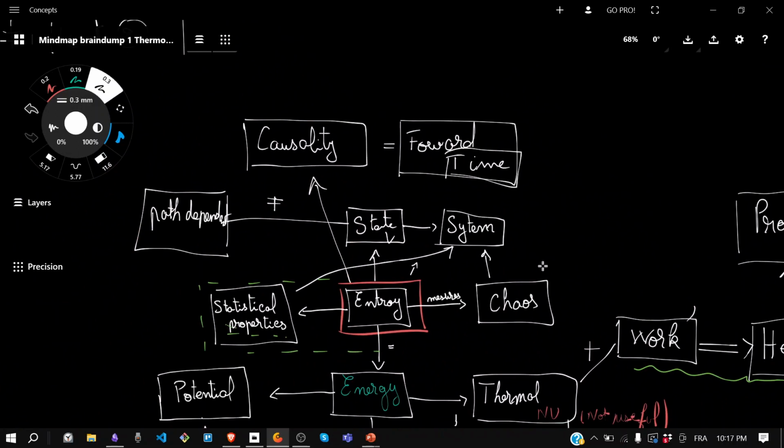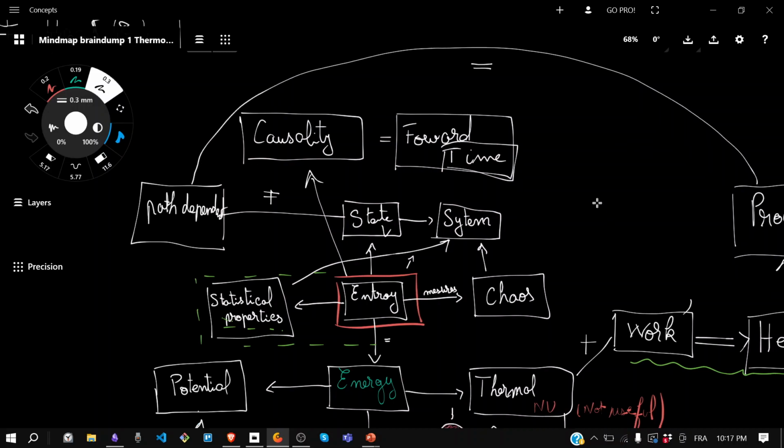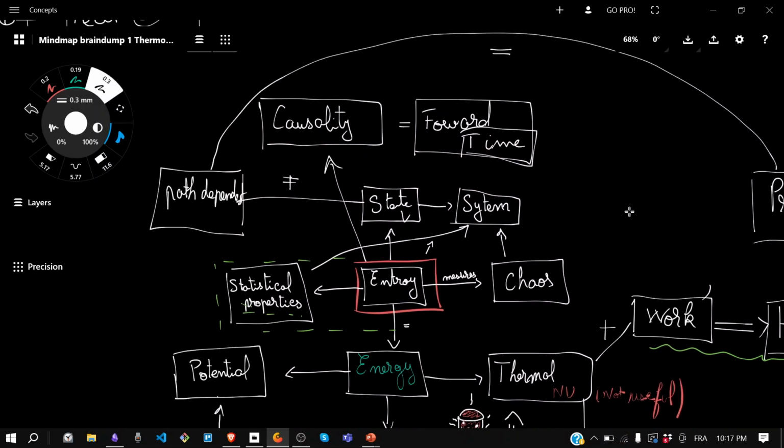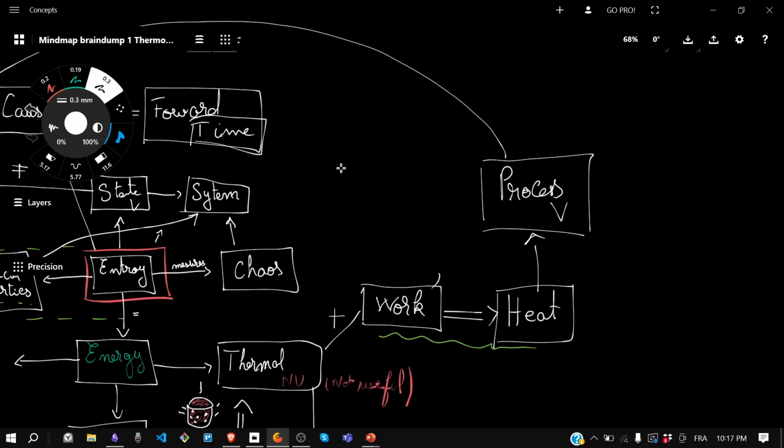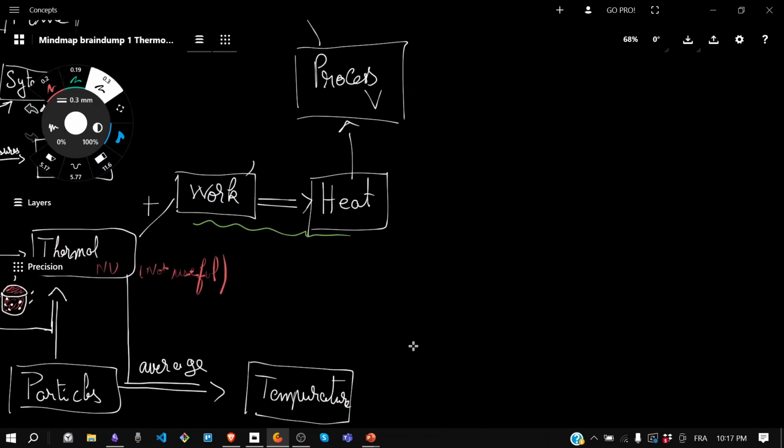So here, I'm just going to do that. This is a bad practice, by the way. You should not be doing this. You should have your information close to each other in the mind map, but I don't know how to do that yet. So it is path dependent, process variable.